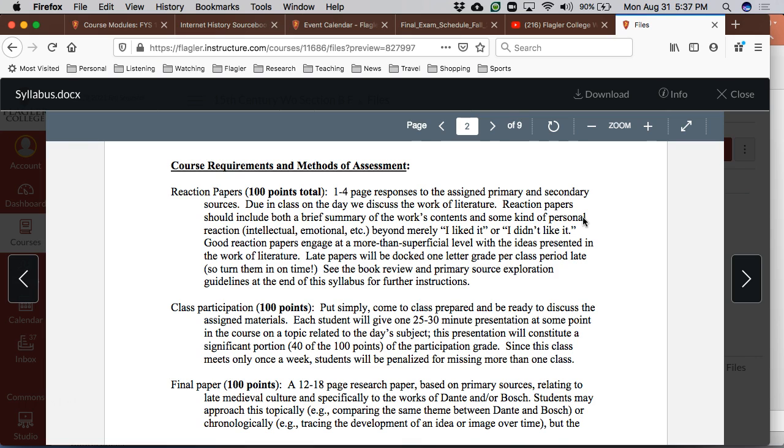And then a final paper. Now this paper is not on the book, it's on something to do with what we cover in this class. This is a seminar paper, meaning you have to produce an argument that answers a research question, and it uses primary source evidence to back that up.